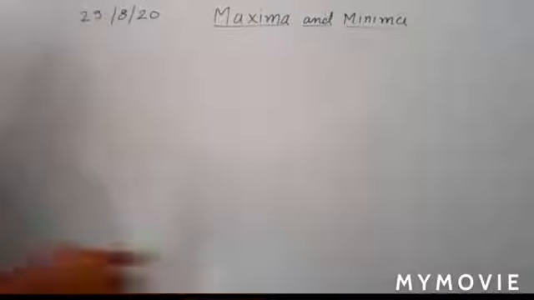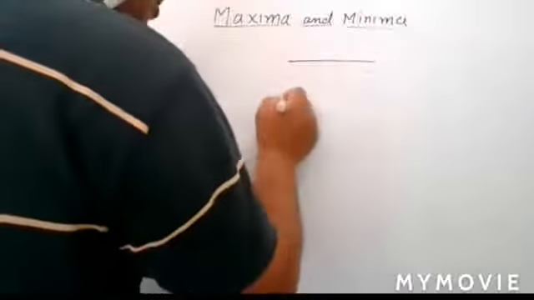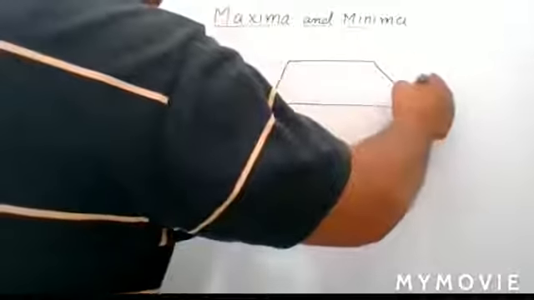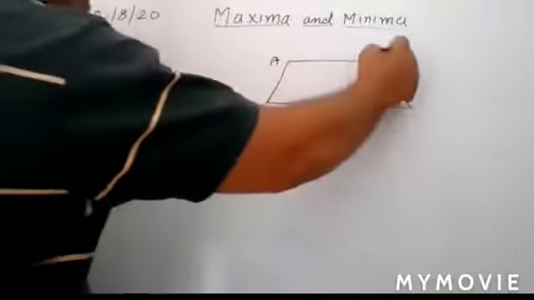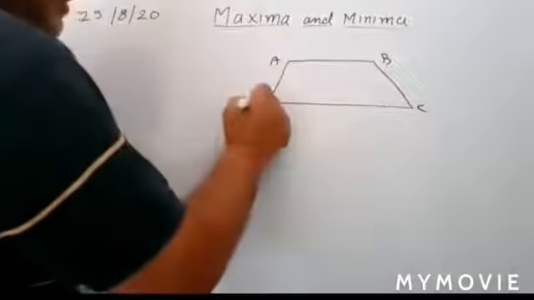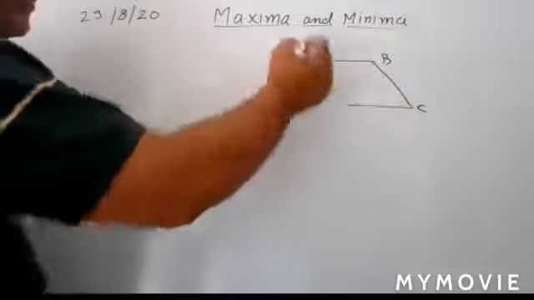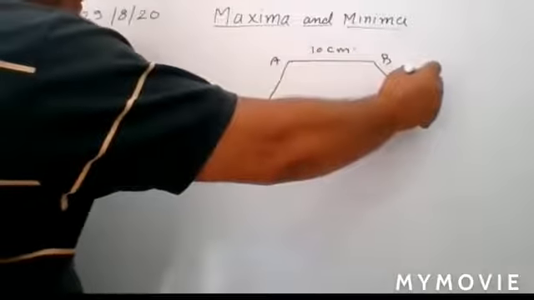So here you use the concept of trigonometry. No doubt in this case it is easier to get its maximum area. Suppose here you have a trapezium, I just name them A, B, C, and here you have D. Other than the base, all three sides of this trapezium are given as 10 centimeter.